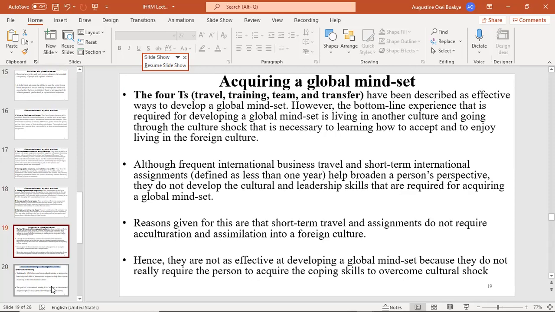To sum up, you cannot be sitting in your tiny location or constituency in your own country and expect to acquire this global mindset with ease.